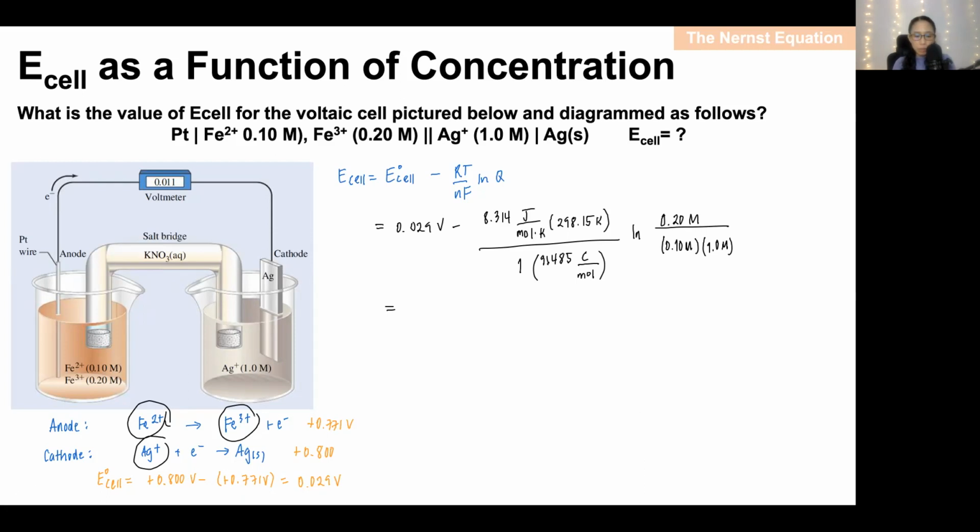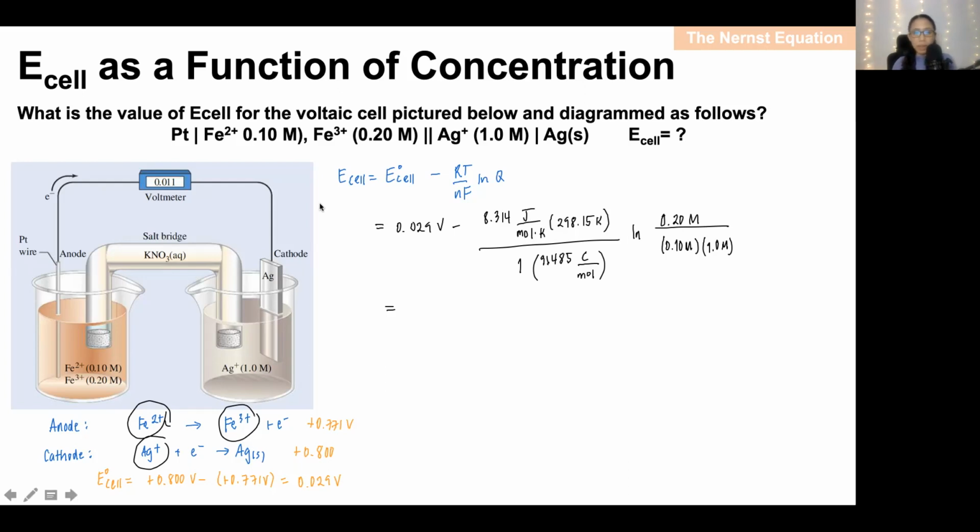So 0.029 minus 8.314 times 298.15 over 1 times 96,485 times ln 0.20 over 0.1 times 1.